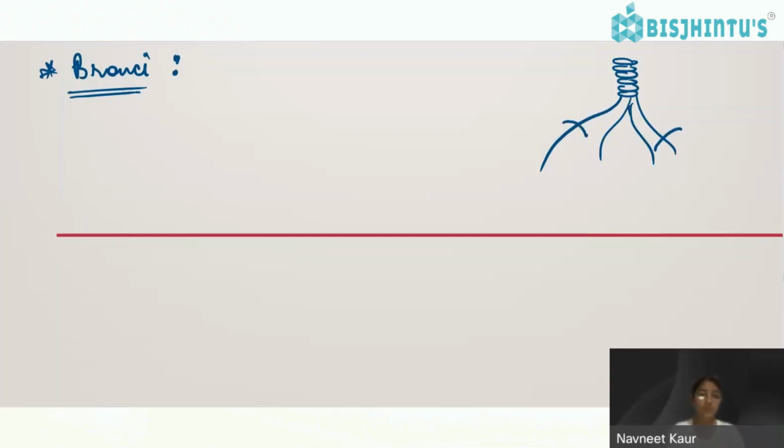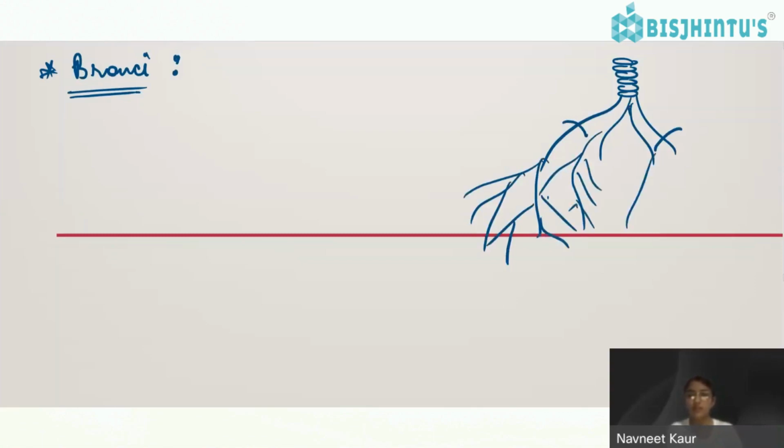Again, the bronchi are divided into primary and secondary like this. These are the main bronchi, and they are again divided into a lot of bronchioles.